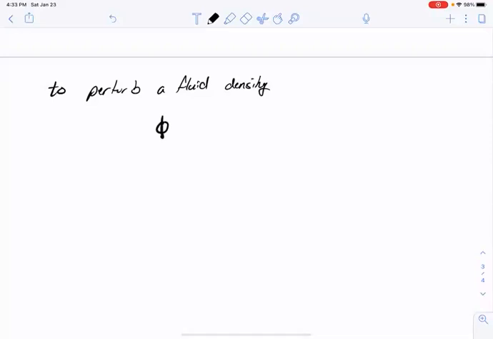Let's call that potential capital Phi of R. And now let's imagine that total potential is some external potential, maybe like gravity, that acts locally on where each particle i is in space.